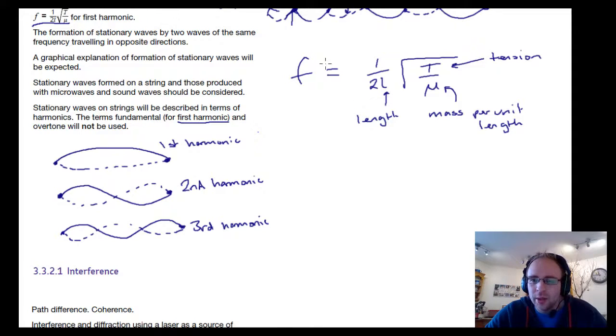So what could we do? We could do things to change the frequency. We could measure the frequency, we can measure the length, we could keep the tension constant, and we could find the mass per unit length using a graph.